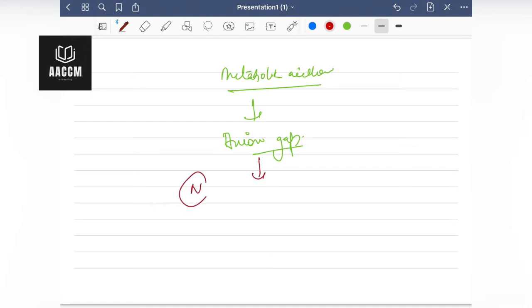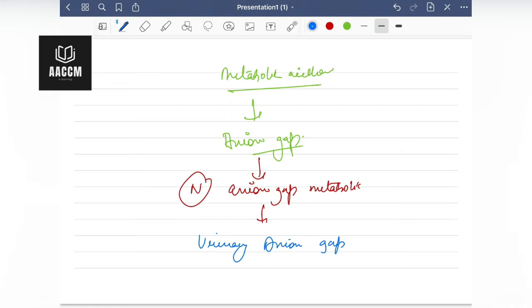In a case of normal anion gap metabolic acidosis, we have to find something called the urinary anion gap. What I mean by urinary anion gap is again the difference between the anions in the urine.